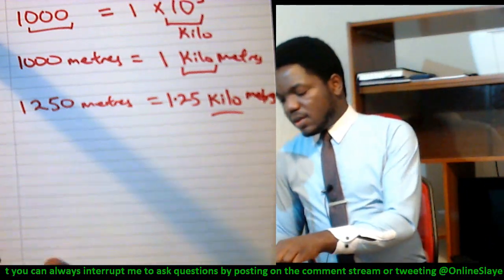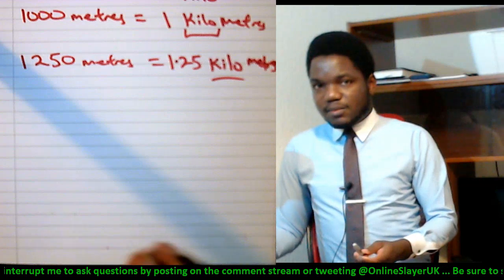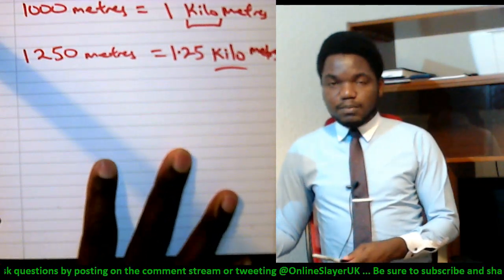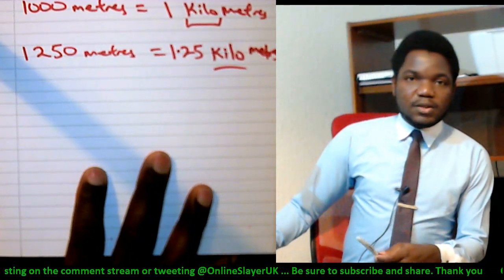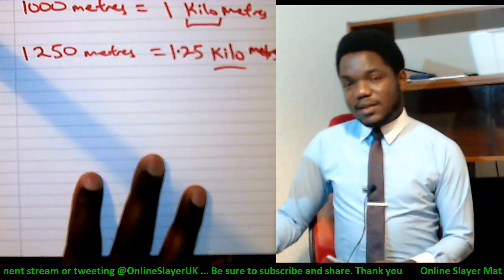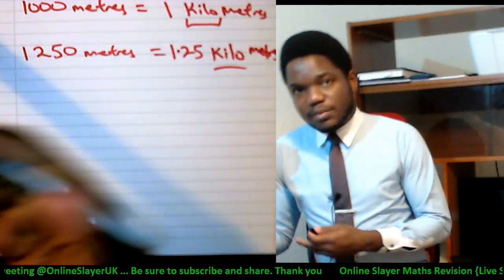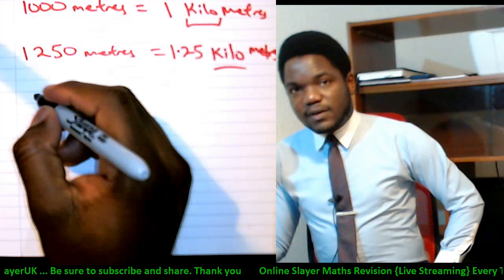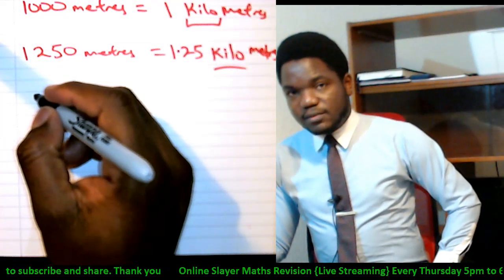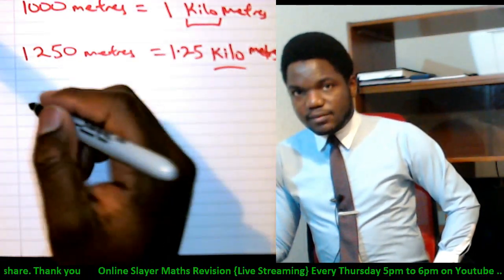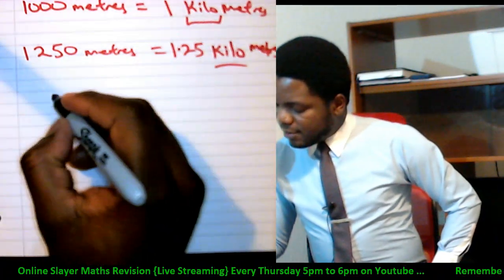But the common units we all play with is money, isn't it? Pounds to pence, dollars to cents. Okay. Now that's what we mean by conversion. We can even convert other things as well, you know, weights. So let's look at that.